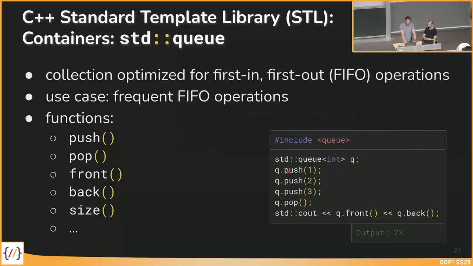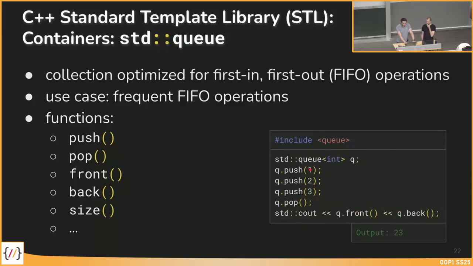In this example, we push 1, 2, and 3. We pop one element, which is in this case not 3 as on the stack before. It's 1 because it's the first element that was added. And then we have some other methods here like front and back, which, as the name suggests, return us the front and the back elements.